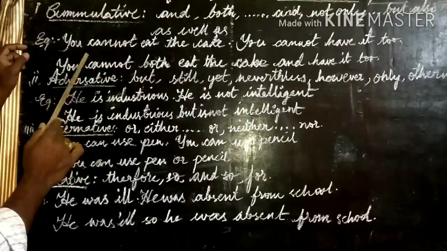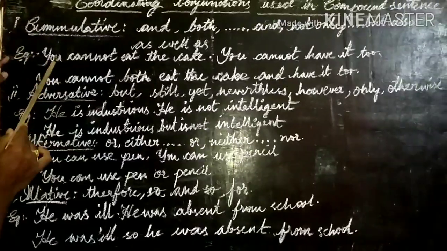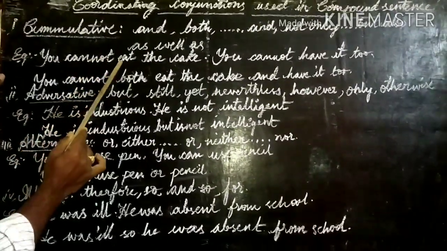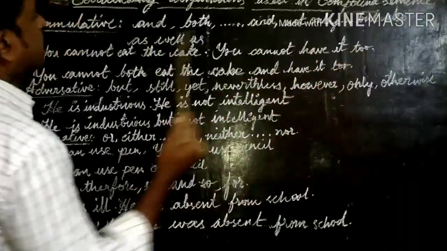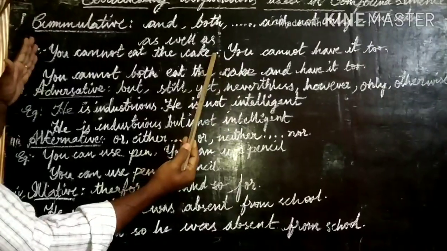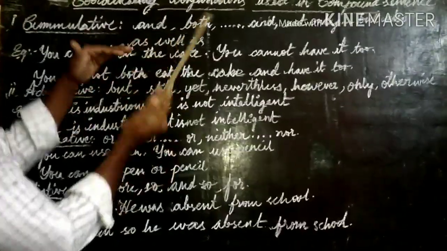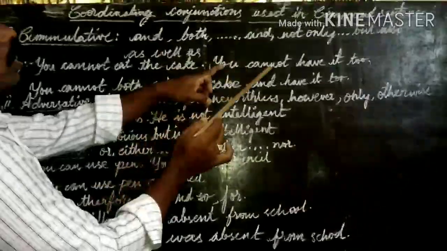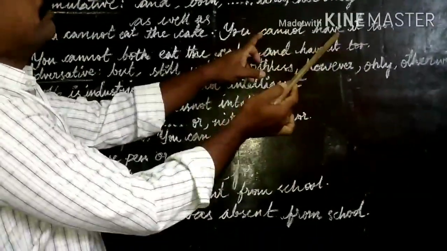Here is one example for cumulative conjunction. You cannot eat the cake. You cannot have it too. Here are two main clauses. You cannot eat the cake: it's an independent sentence. You cannot have it too: it's also independent.